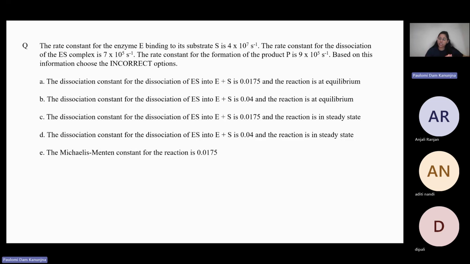Solve it for the dissociation constant, solve it for the Michaelis constant, and then check which of these options are incorrect. Take your time and solve it easily and clearly.